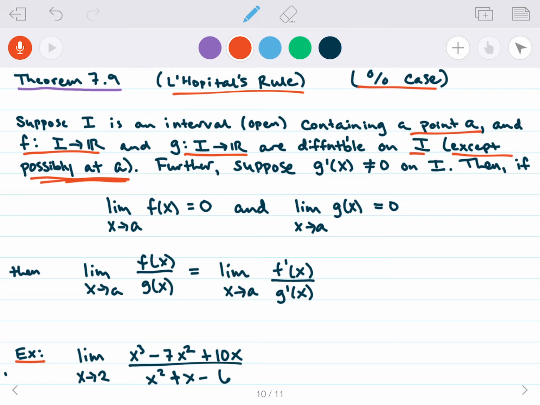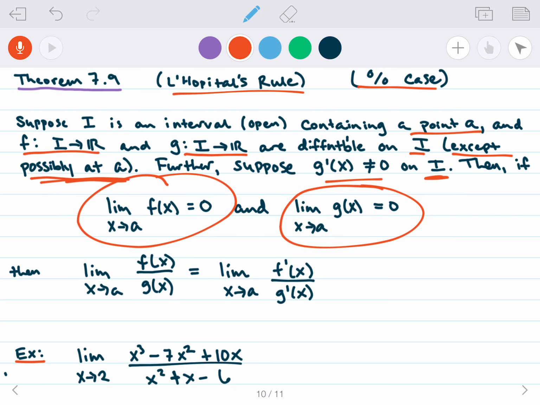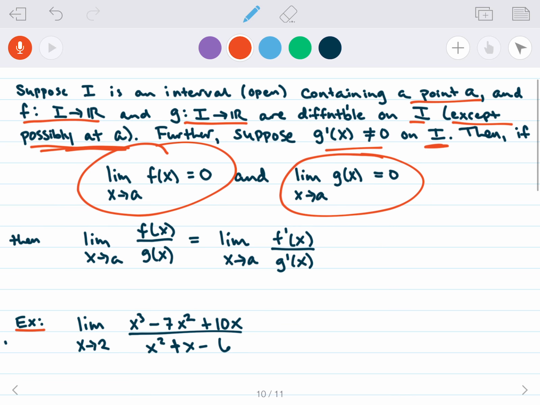Okay, so further, suppose that g prime of x is not 0 on our interval. Okay, so we're not going to have a 0 denominator here. That's good. Okay, and so then if we have the limit as x goes to a of f of x being 0 and the limit as x goes to a of g of x being 0, then this follows.